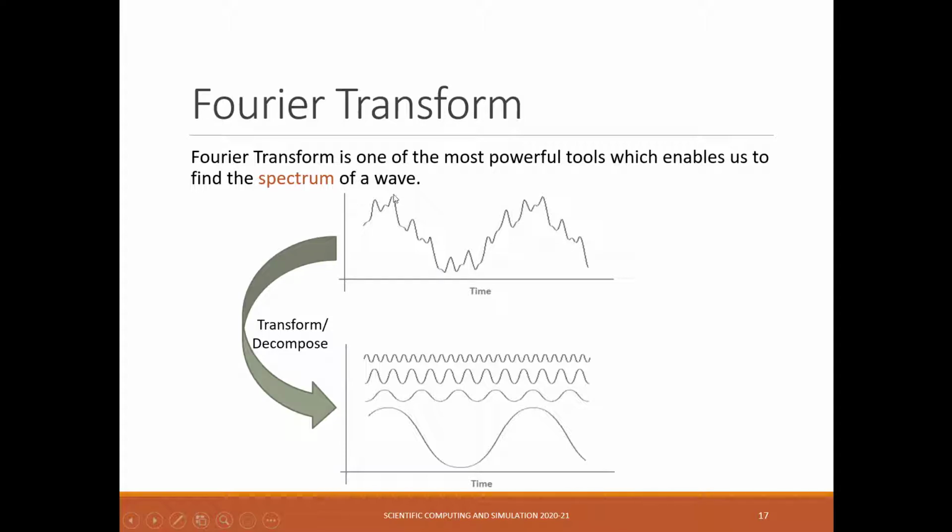Suppose this figure shows the waveform of a musical signal over a period of time. The signal consists of a combination of different frequencies. Using Fourier transform, we can decompose the signal into the component frequencies that make it up.